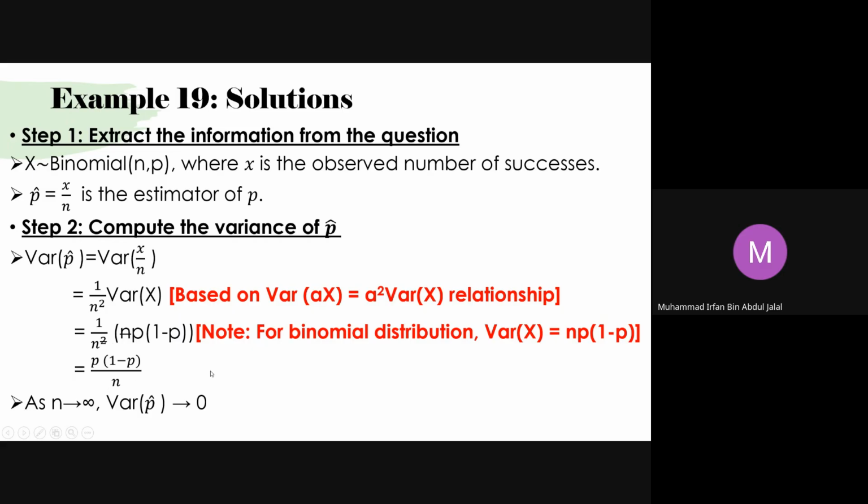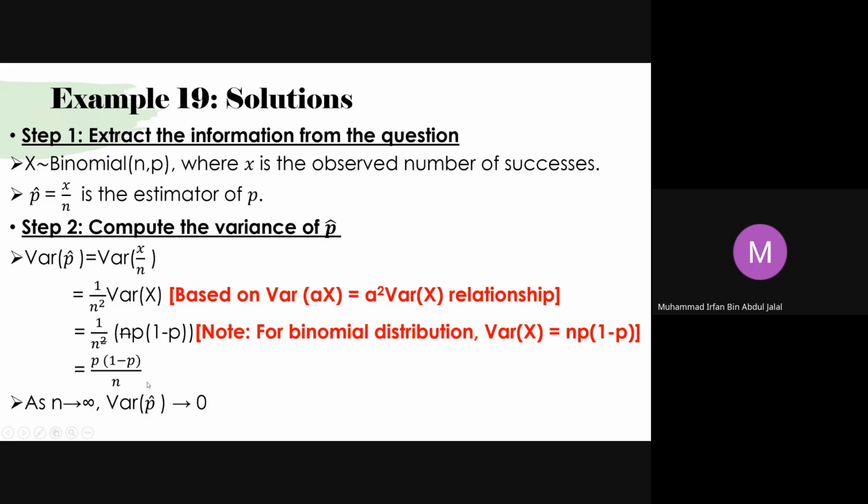It will approach 0 as this n becomes very, very big. Because of that, we can say that the variance of P hat, the sample proportion, will go to zero as the quantity in the denominator becomes big until it approaches infinity.